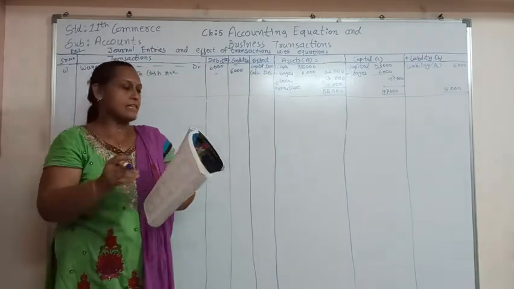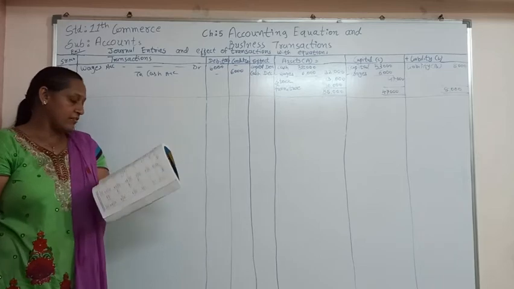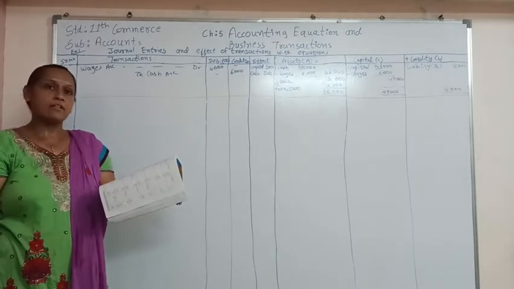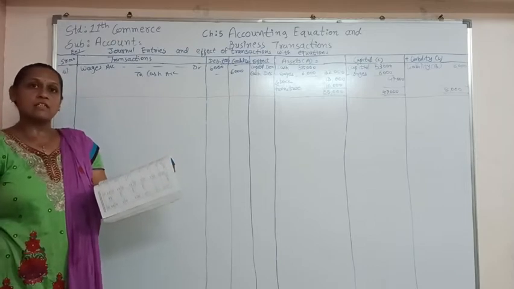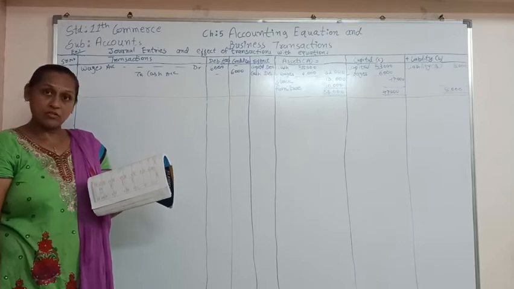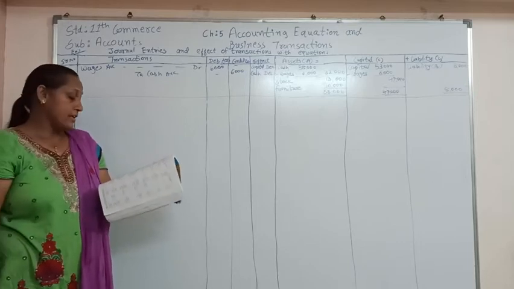Next transaction is number 7, wages outstanding 1,000. So for wages outstanding, wages account debit to outstanding wages. For that wages, capital is going to be decreased as well as liability is going to be increased.